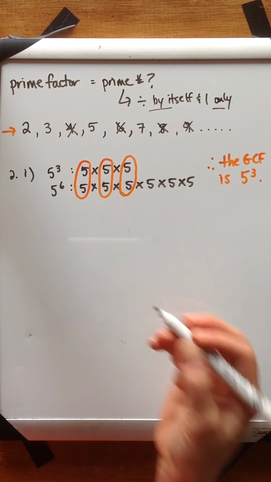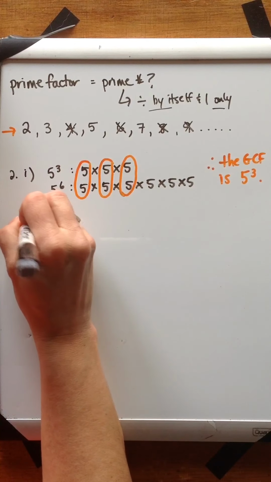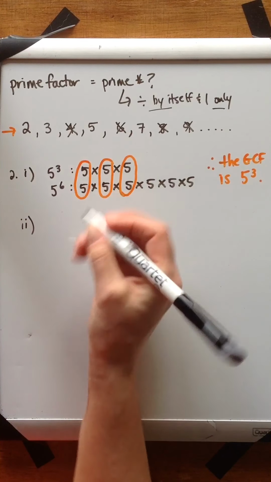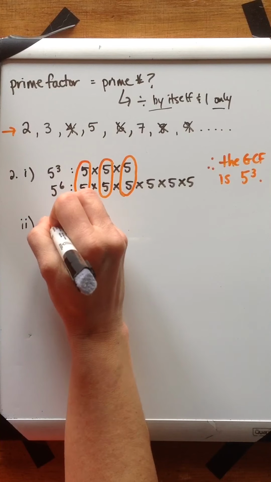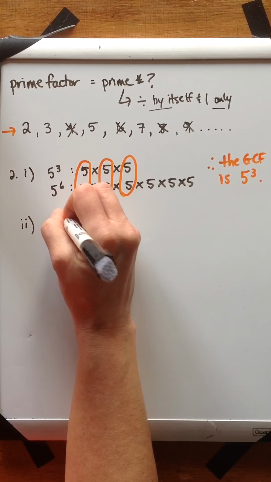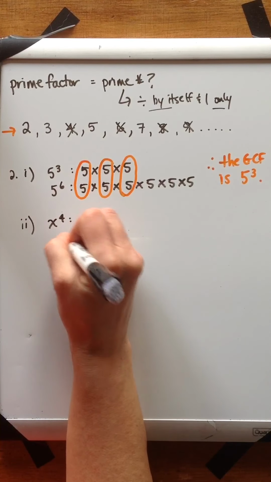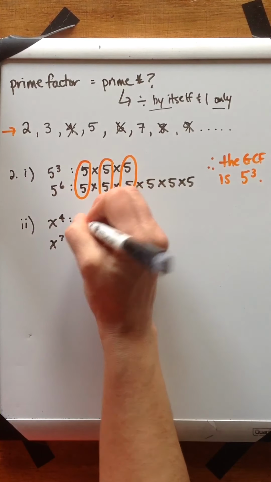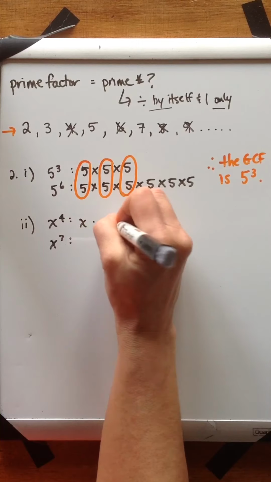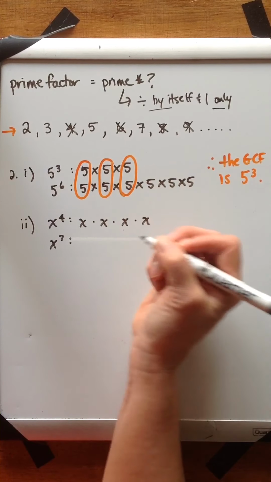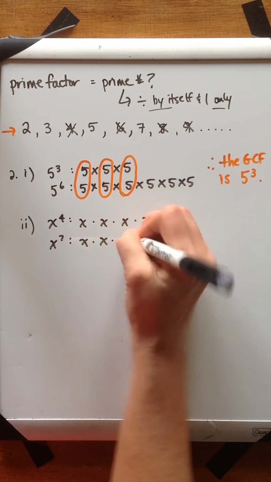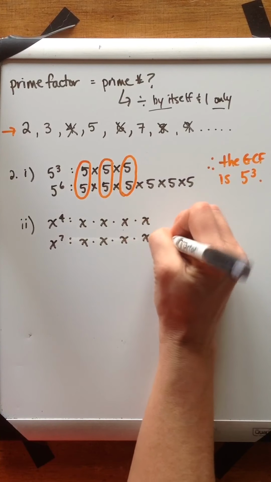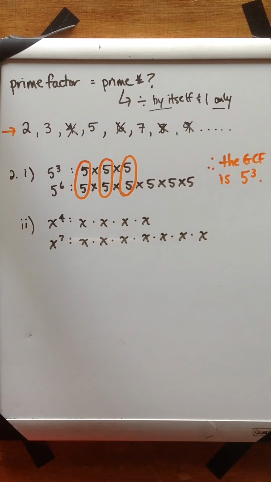Okay, let's try another example. Let's look at, instead of numbers with exponents, let's look at powers where we have a variable. Let's do x to the 4th and x to the 7th. Well, once we recognize what these exponents mean, that we know that this is x times x times x times x, and this is 7 x's multiplied by each other.